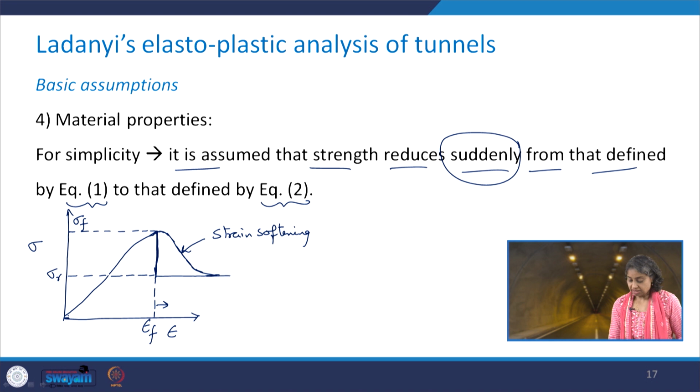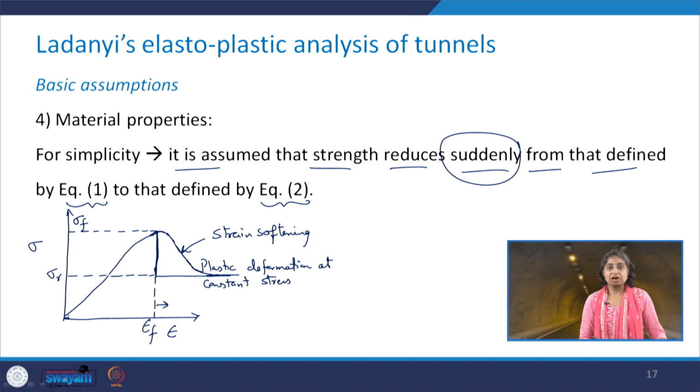Basically here you have the plastic deformation at constant stress. So, what we are going to assume is that it is the sudden reduction from the original rock mass to the broken rock mass.